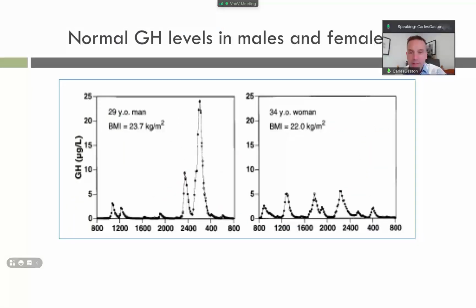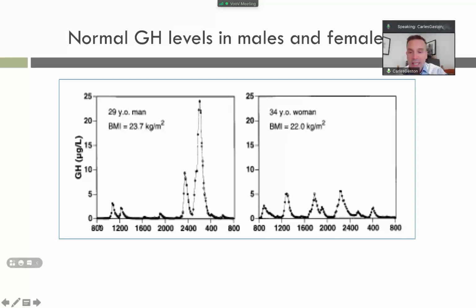As I said, it has peaks during the day. Basically, what this graph shows is the normal levels in males and females. We can see on the axis growth hormone in micrograms per liter, and these are the times of the day.